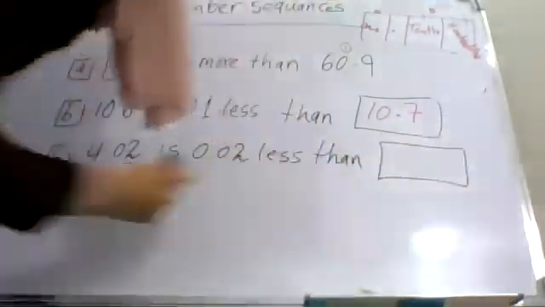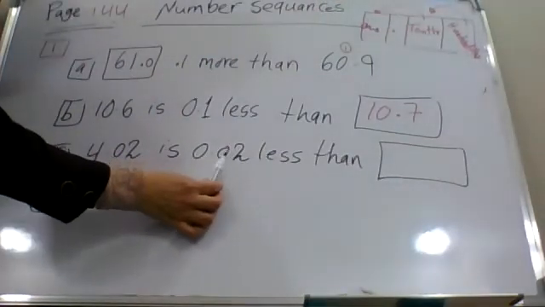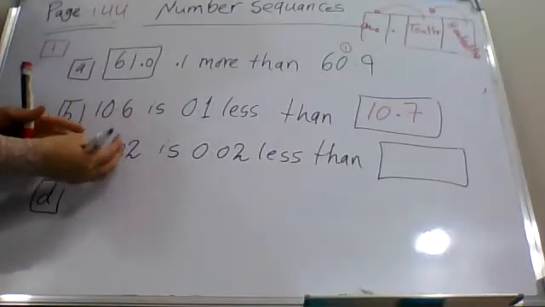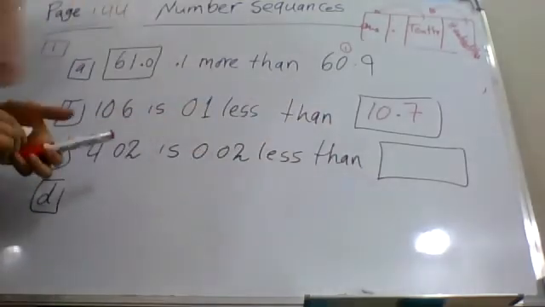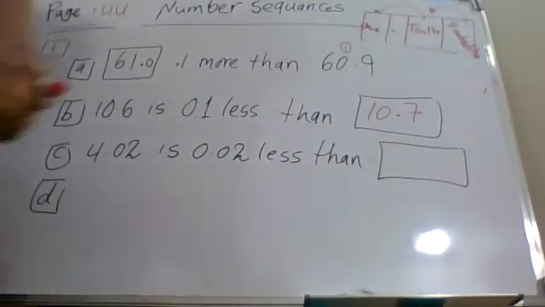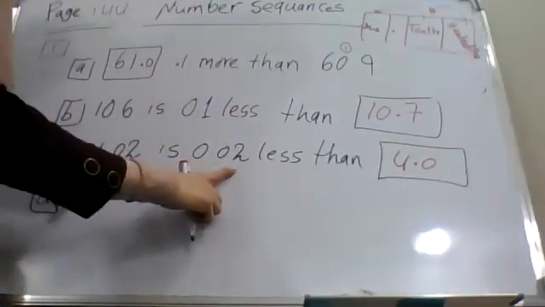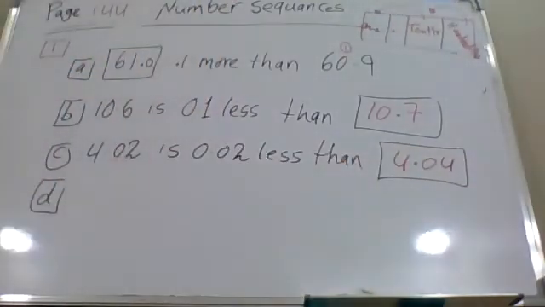This is the question. This number is 0.2 less than, so this number is poor because it has less, so this number is bigger. So we have to add it to this number. So it's 0.4, and we have 2 plus 2 equal 4. So we write 0.4, 4.04, okay?